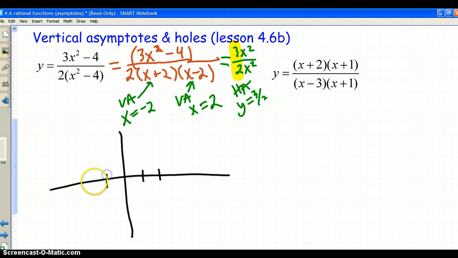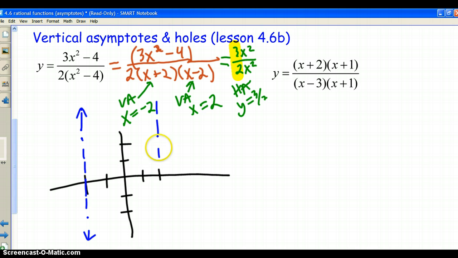Okay, so let's see, we've got x is -2, a dotted line there, and x equals 2.